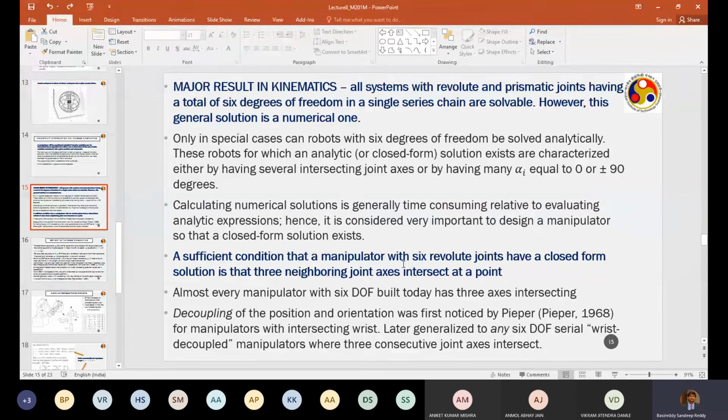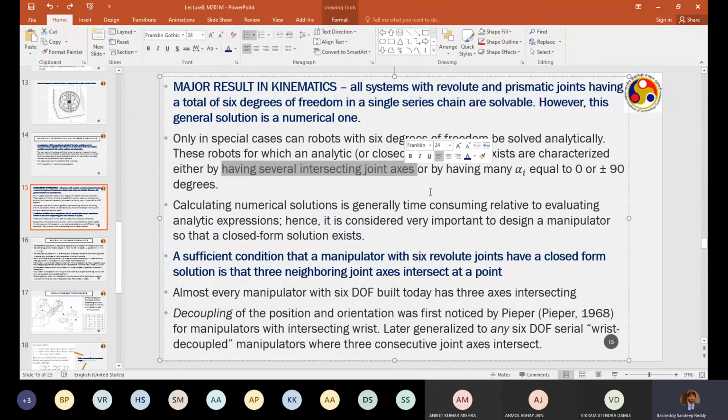So one of the consequences of this, what I have mentioned over here, is having several intersecting joint axes. If you remember, we discussed up till now an intersecting wrist, an intersecting joint axis.